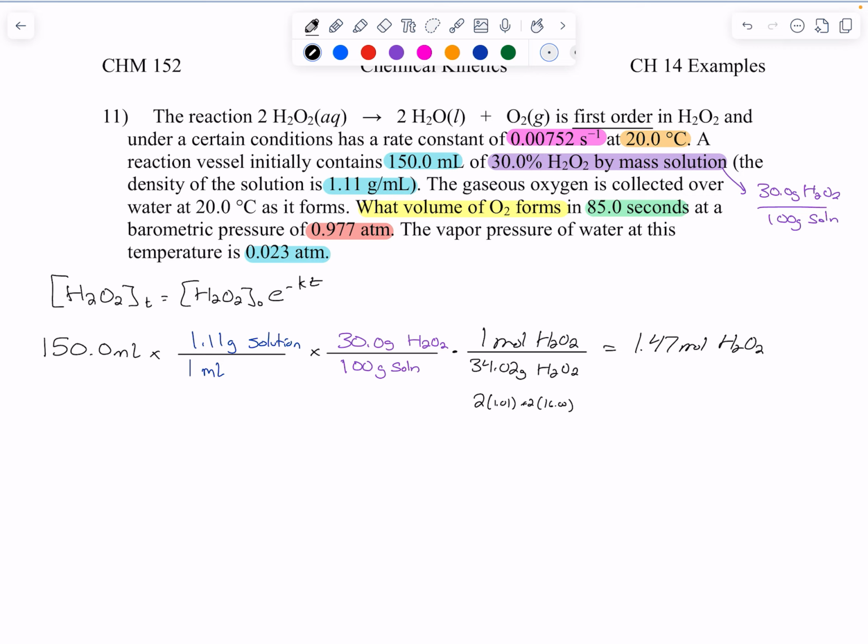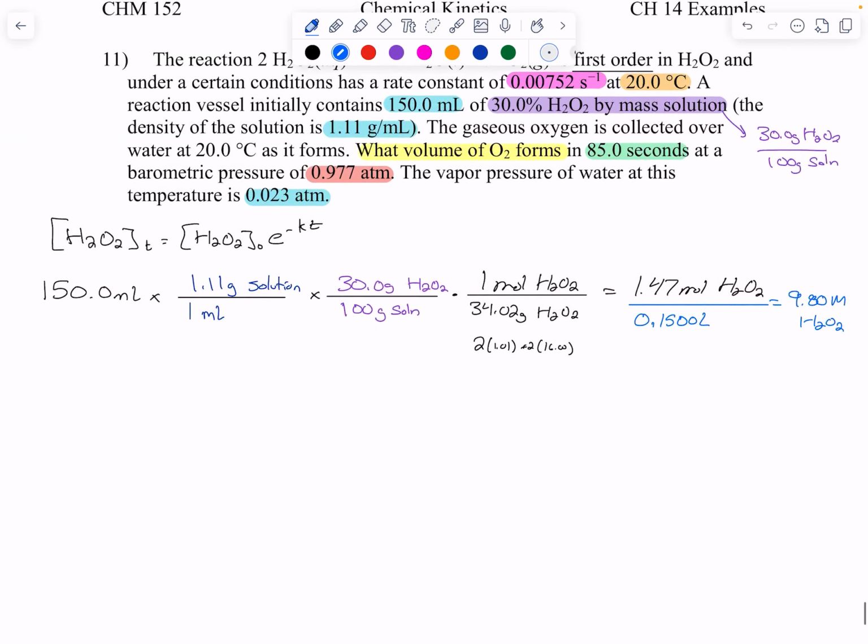And our volume is 150 milliliters, which is 0.1500 liters. So it gives us a concentration of 9.80 molar.